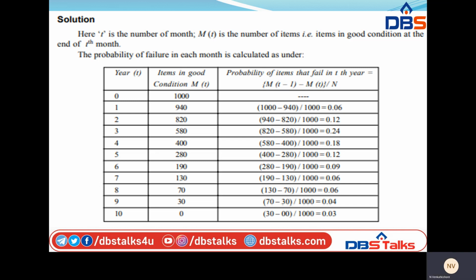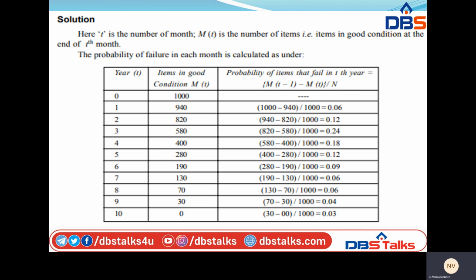And 820, which means 180 failed with respect to the original 1000. But already 60 failed, that is 940, so how many products were damaged? 120 products were damaged. You can simply calculate this without the table also.